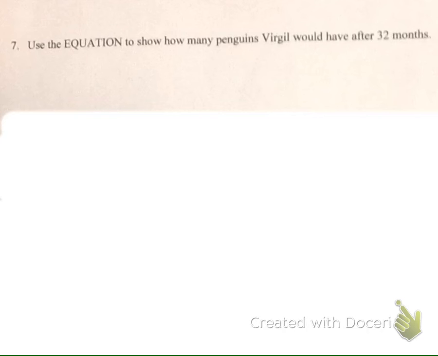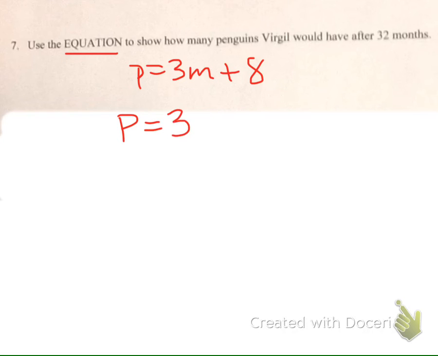Okay, number 7 says use the equation, which was P equals 3m plus 8, to find out how many penguins he would have after 32 months. So if it's giving me months, I have to plug that into the m spot, because that's what months represents. So I have P equals 3, and then take away the m, and plug in 32, and plus 8.